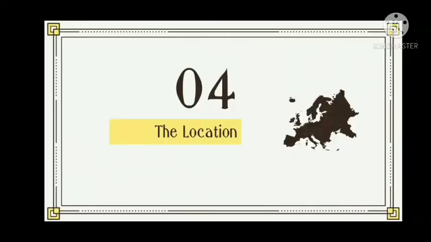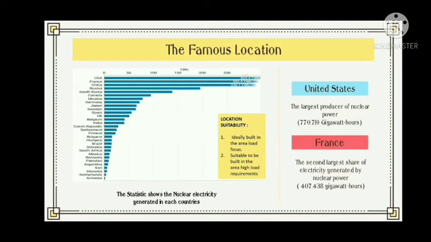Point number 4 is the location. The statistic shows the nuclear electricity generated in each country. For more than 19 years, nuclear energy has provided the world with reliable electricity. Today, more than 400 reactors are operating in 30 countries. Most are in Europe, North America, East Asia, and South Asia.